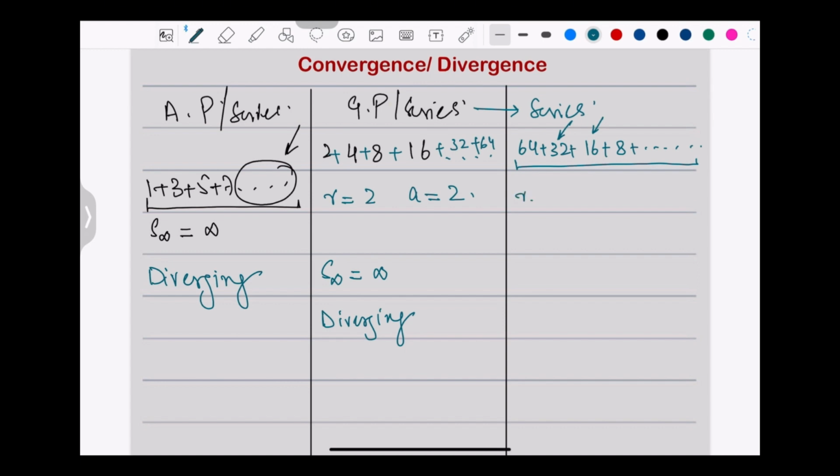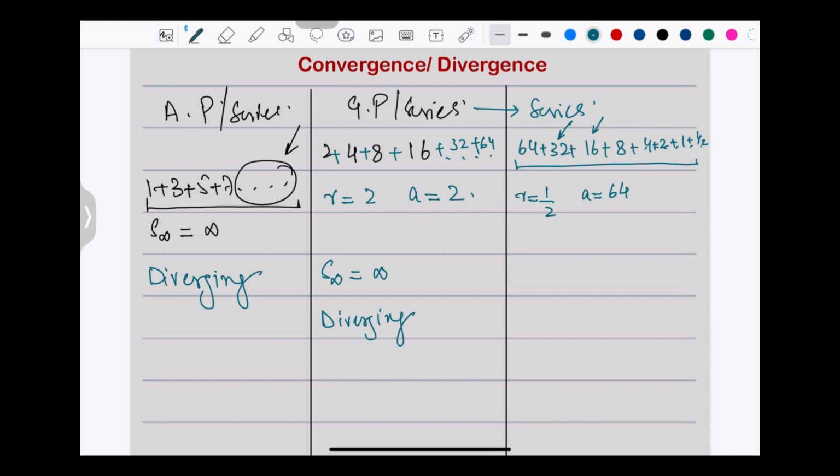So the ratio is 1 over 2, and the first term is 64. After 8 there is going to be 4, then 2, then 1, then 1 over 2, and it is decreasing with every next term.